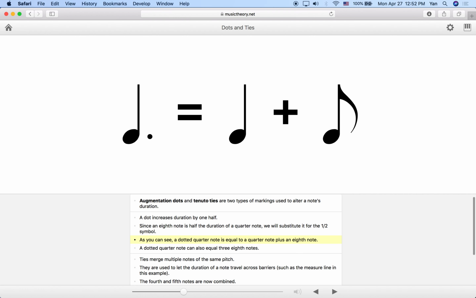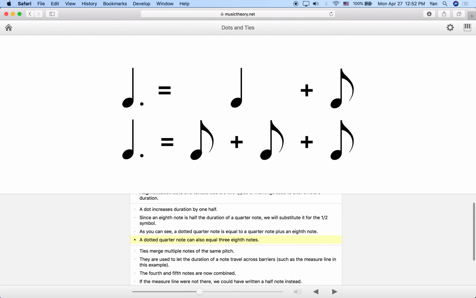So the dotted quarter note can also be broken down into three eighth notes because, as you can see, a quarter note equals two eighth notes, and we already know that from our note durations. So quarter note, two eighth notes, plus another eighth note, three eighth notes.